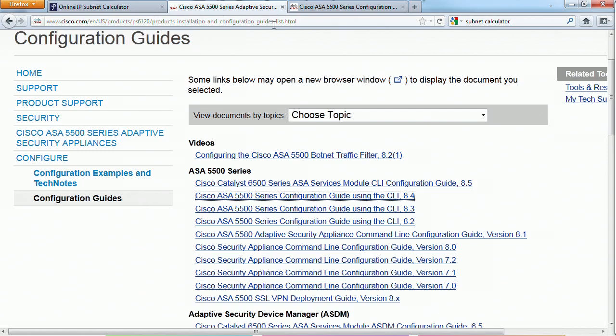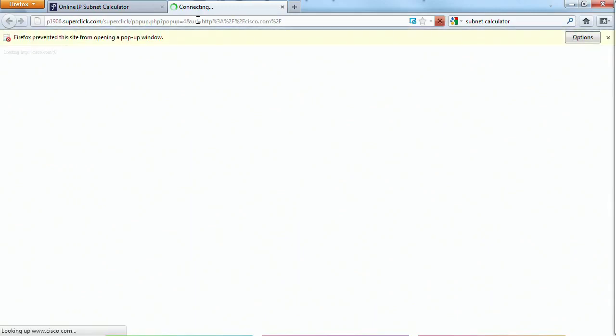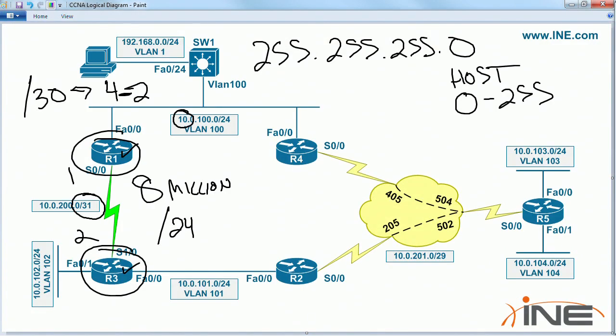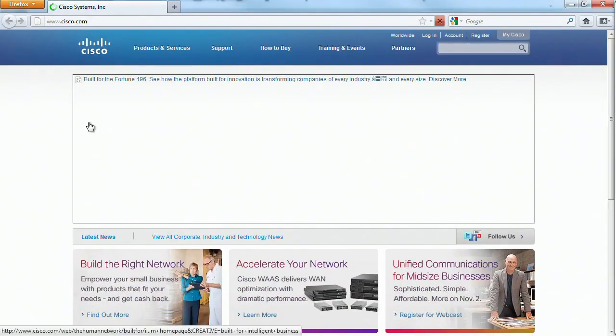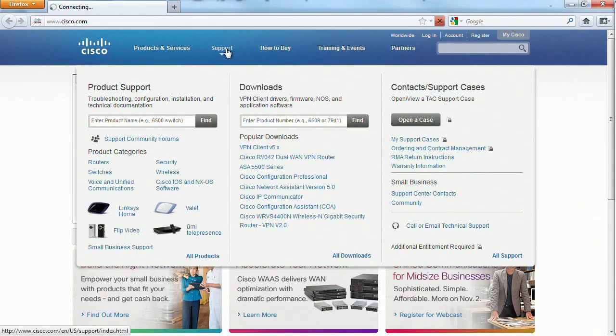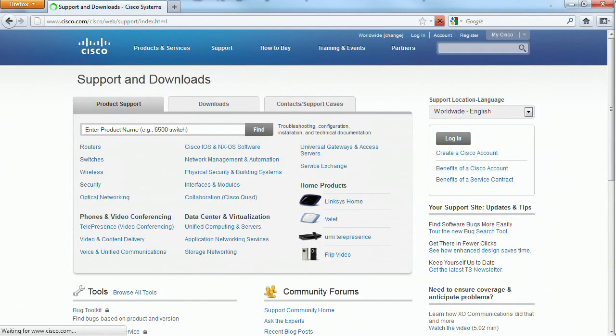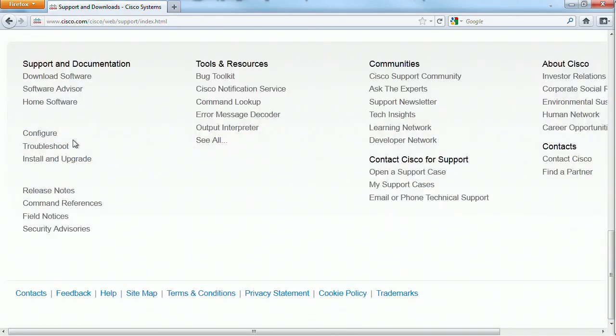So again, it's kind of difficult to find here, but if you go from the main Cisco page, it's under support. Then all the way at the bottom, under configure.